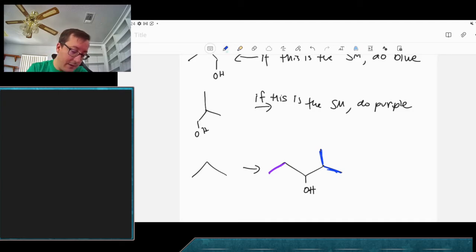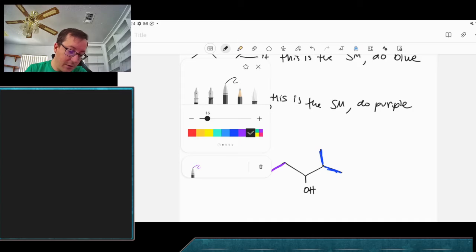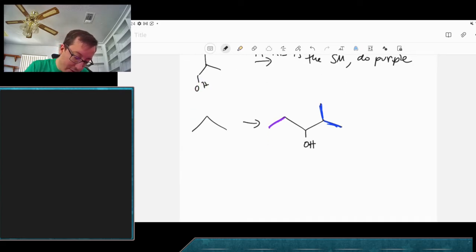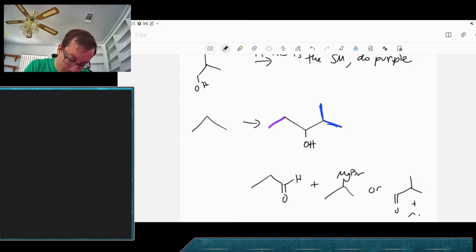So if we consider this, if we know how to make, we have 2 options. We had the isopropyl Grignard, or we had the aldehyde there.